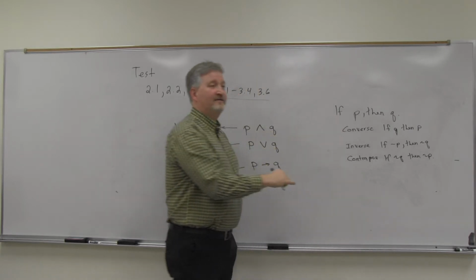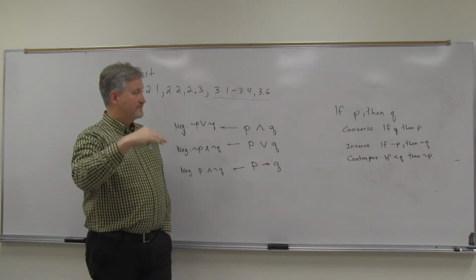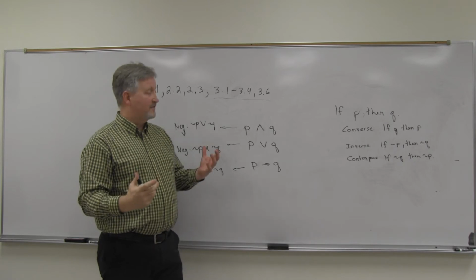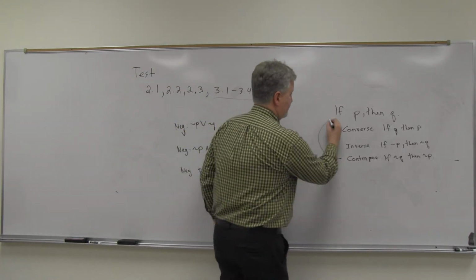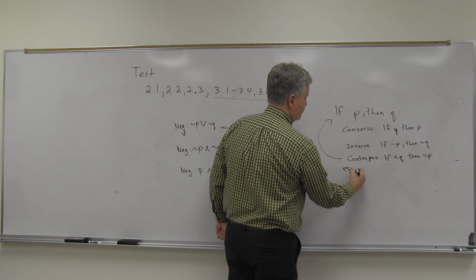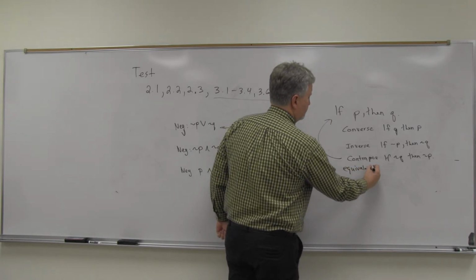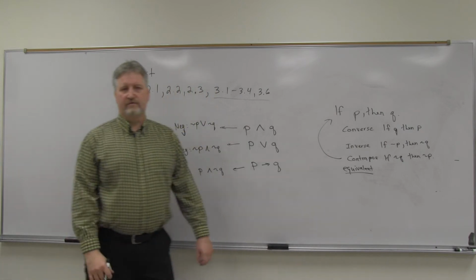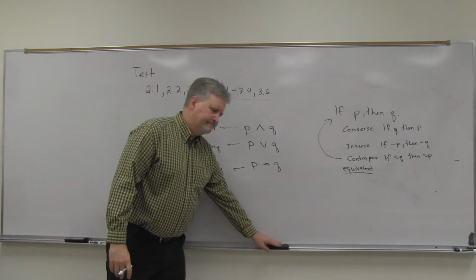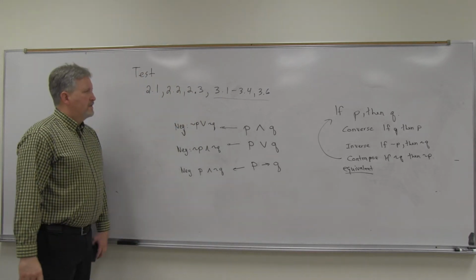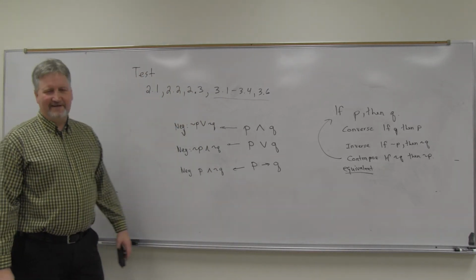So if I had a line of statements and I said which one's equivalent, usually what I'm looking for is a contrapositive, right? That's the one that's equivalent. Contrapositive is equivalent to the original statement. So that's a little bit about the first 4 sections there.